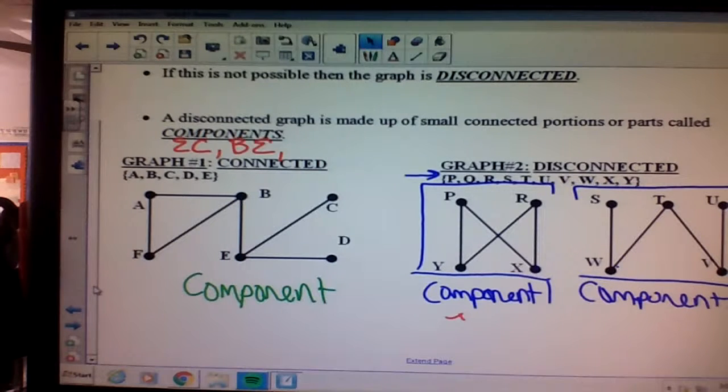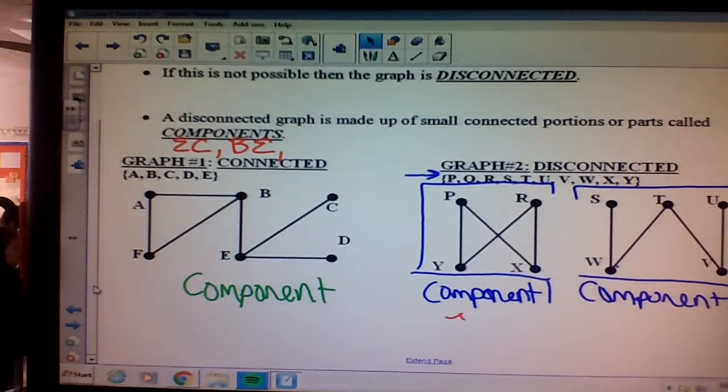Now, I know graph 2 is already disconnected, but let's look at each component individually. Component 1, are there any bridges? No. We're still connected if I delete this line, and if I delete this line. So there are no bridges in component 1. But what about component 2?